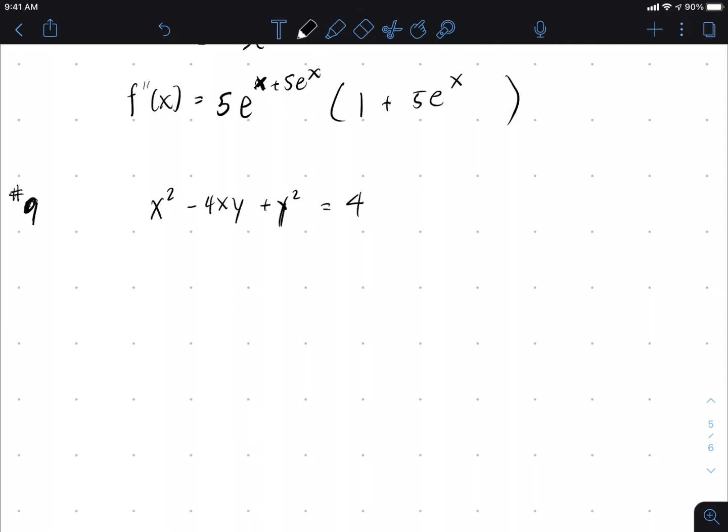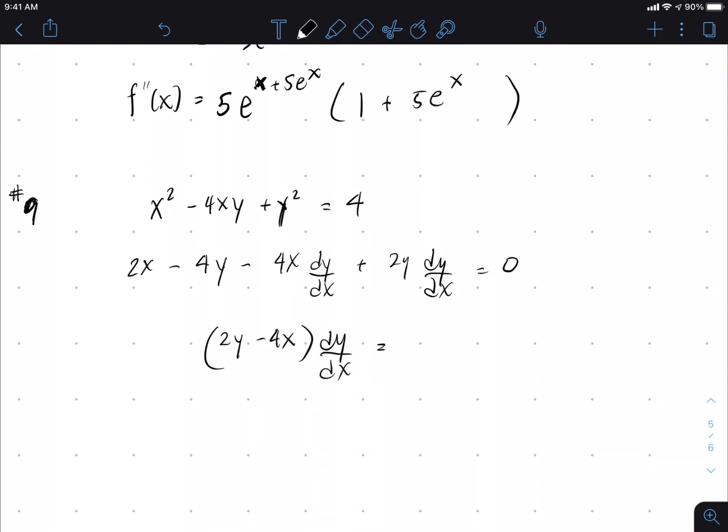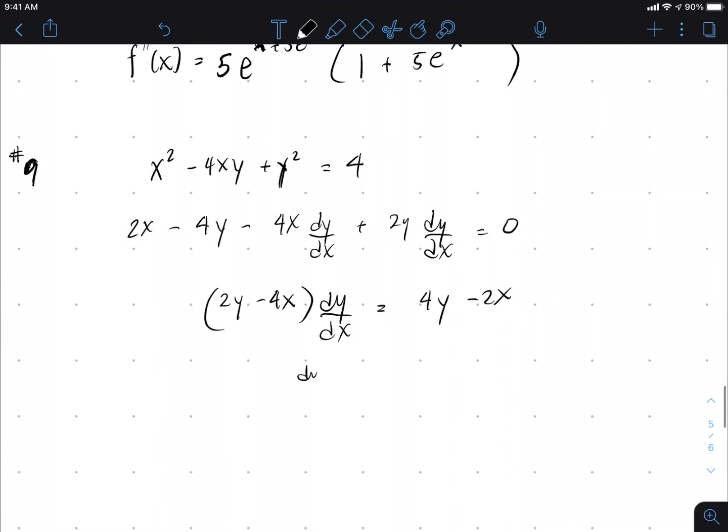Because this problem can't be solved for y, we see that we have to do this how? Implicitly. Implicit differentiation.